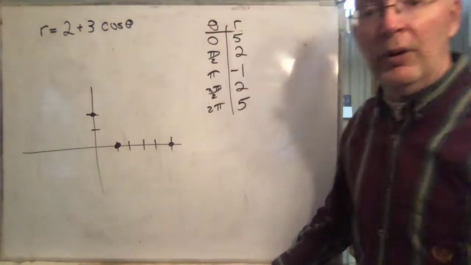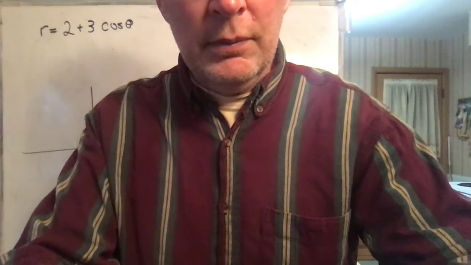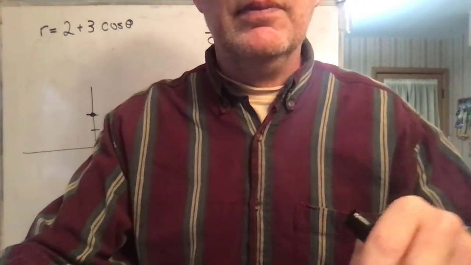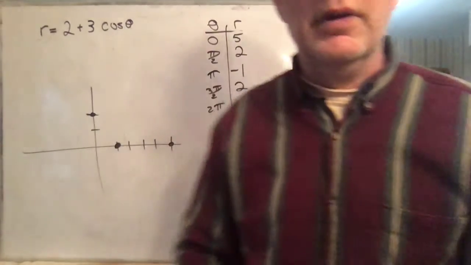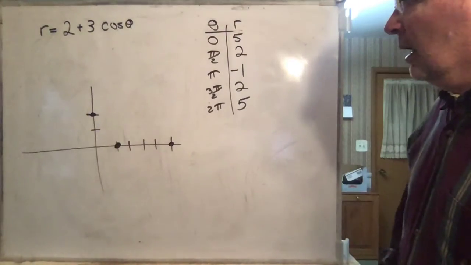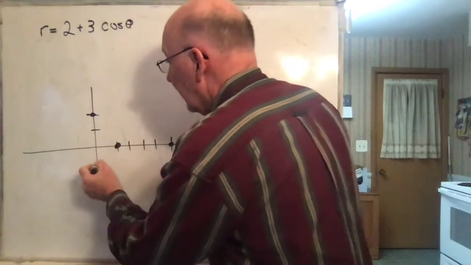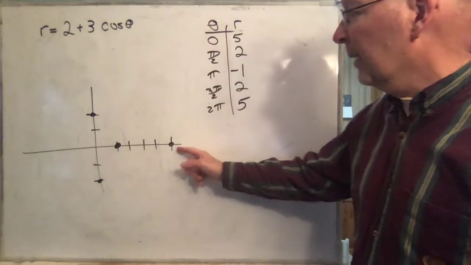So it's going to hit that point. Okay, you're back again. And by the time you get to 3 pi over 2, you're back here again. And by the time you get to 2 pi, you're back there again.